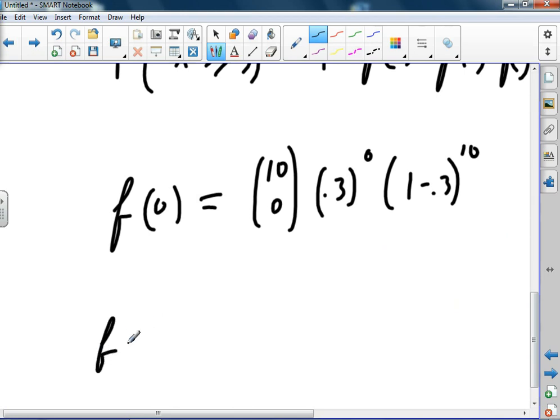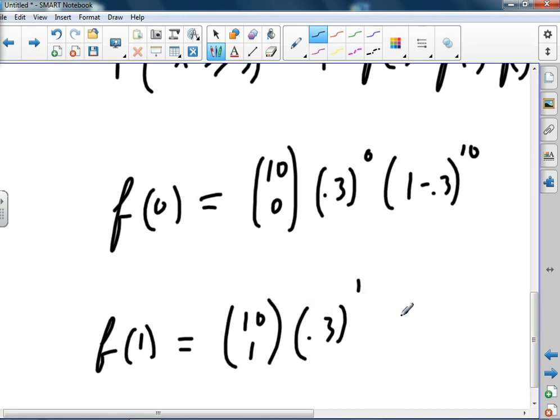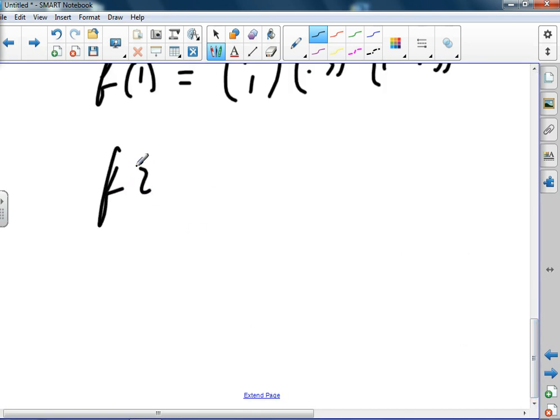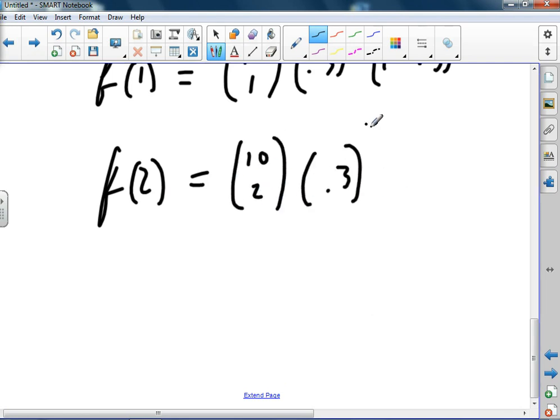The probability of one person doing it, 10, the combination of 1, 10 at a time, 0.3 raised to the first, 1 minus 0.3 raised to the ninth. Probability of 2, 10, combination 2, 0.3 squared, 1 minus 0.3 to the 8th.